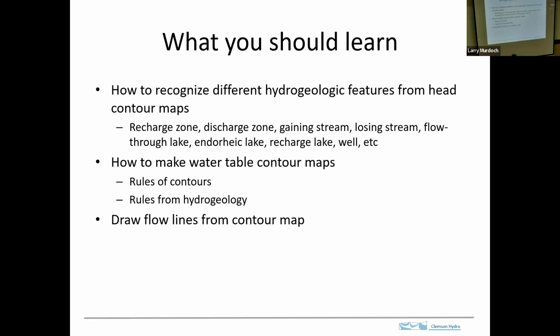We'll use those general rules, but then there'll be some more specific rules of contouring the water table, rules from hydrogeology that will add on to the regular rules. And then once we make those contour maps of the hydraulic head, we also want to draw in the flow lines, infer some flow path directions for the groundwater. That's what we're gonna do today.